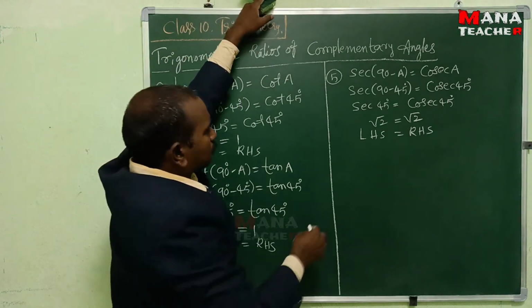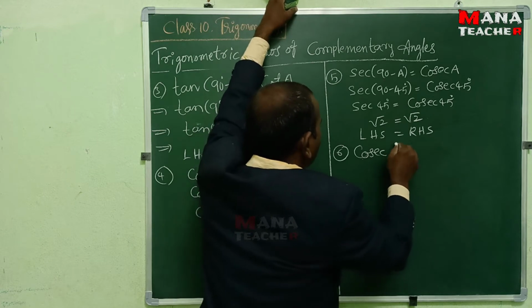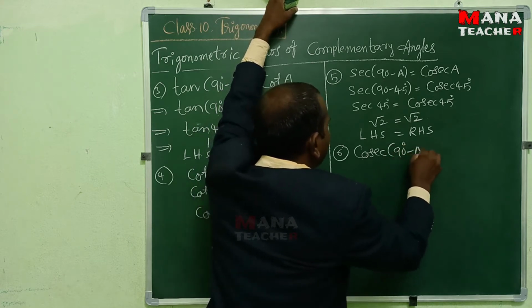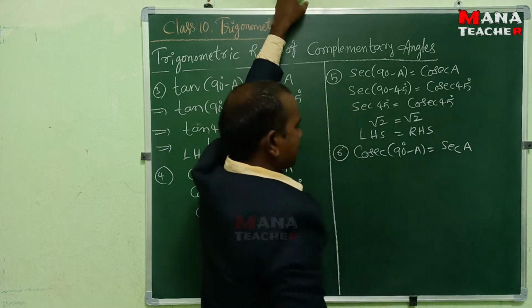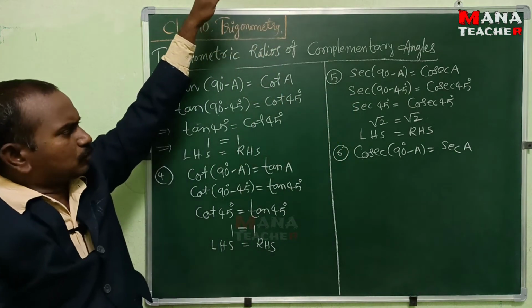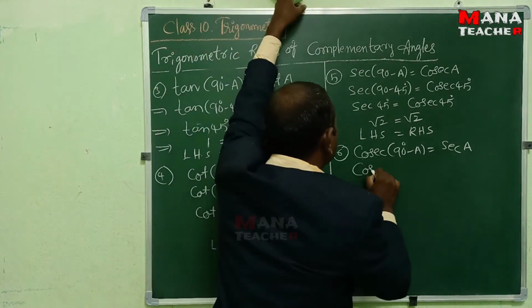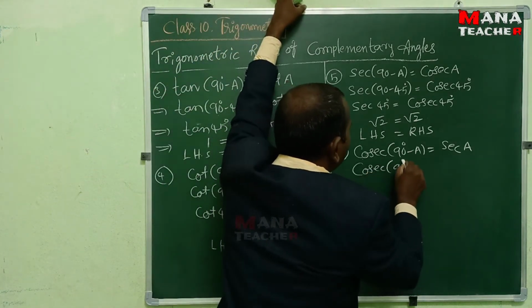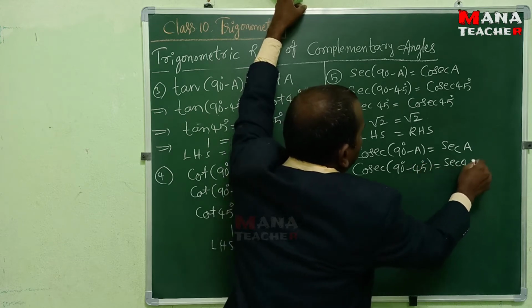Now the sixth one, cosec(90 degrees minus A) equals sec A. Again substituting A equals 45, cosec(90 degrees minus 45 degrees) equals sec 45 degrees.